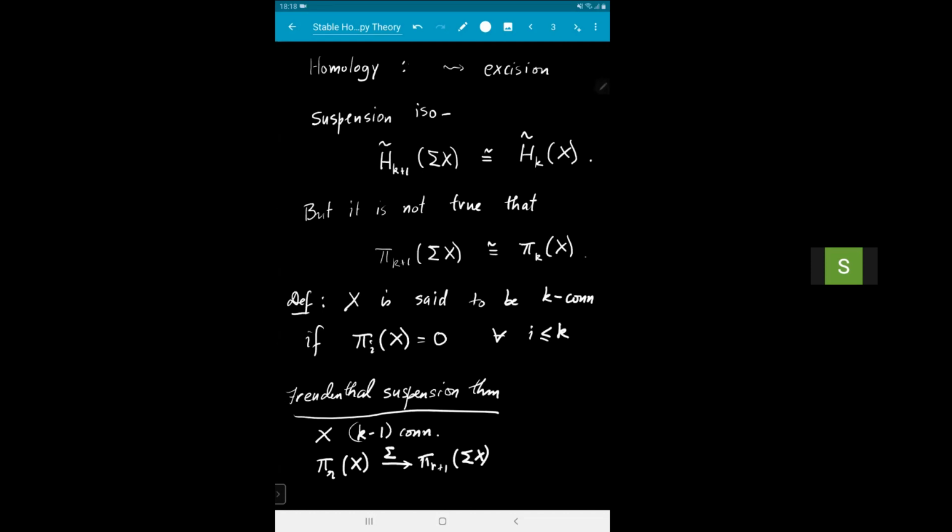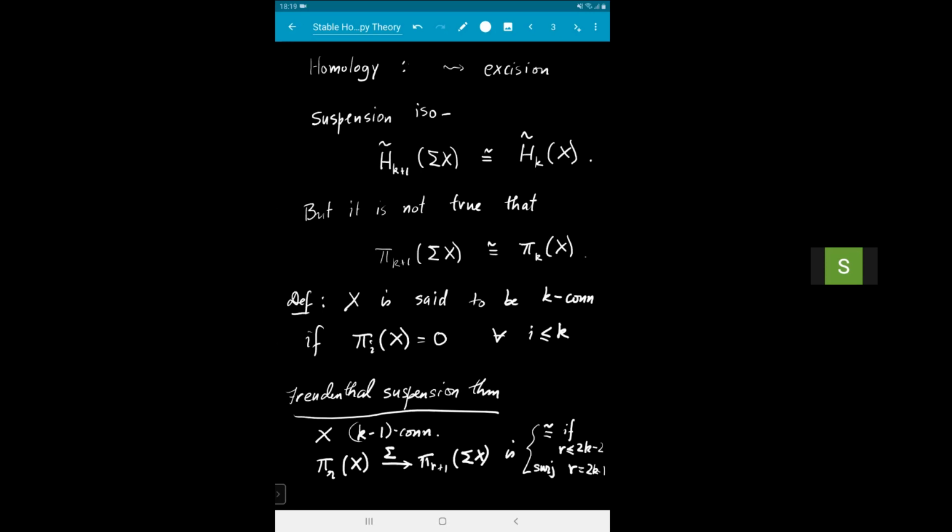So under this condition that X is k minus 1 connected, this is an isomorphism if r is less than or equal to 2k minus 2, and this is surjective if r is 2k minus 1. Okay, so if it is k minus 1 connected, it is an isomorphism until 2k minus 2, and it's surjective if r is equal to 2k minus 1.